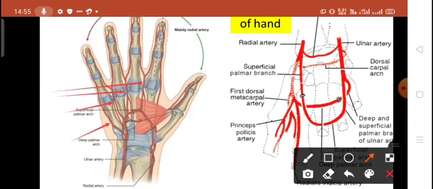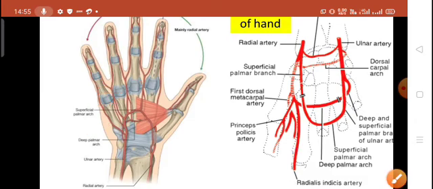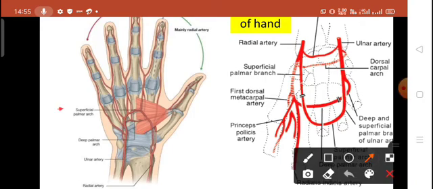The proper digital artery runs forward and supplies the medial portion of the little finger. Then all three common digital arteries divide into two proper digital arteries, and each supplies the respective area of the finger.